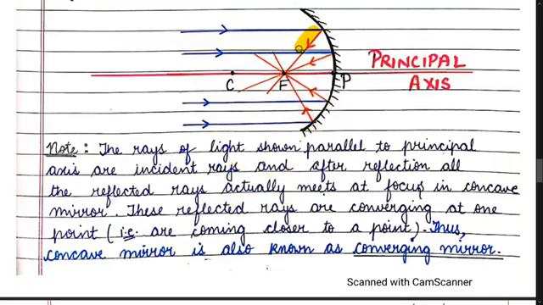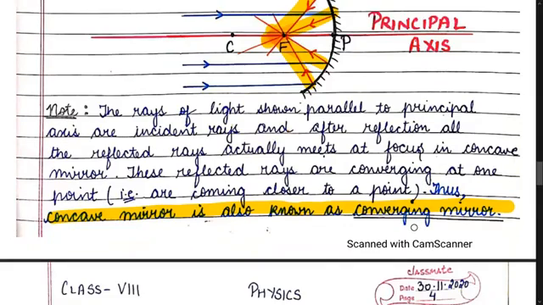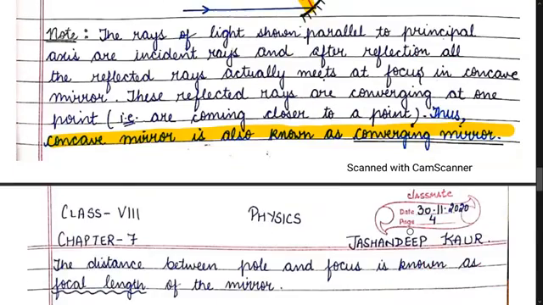Students, the word converging means all the rays are coming closer to a certain point. Thus, remember this, a concave mirror is also known as a converging mirror. Why? Because all the reflected rays are converging, or coming closer to a particular point known as the focus of the concave mirror.